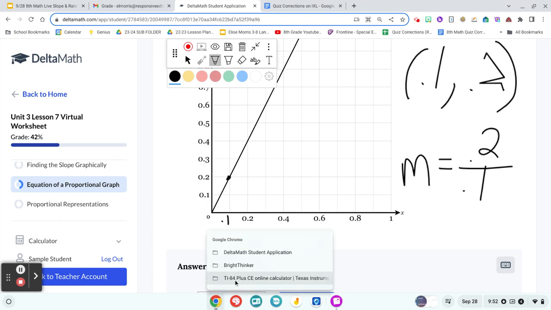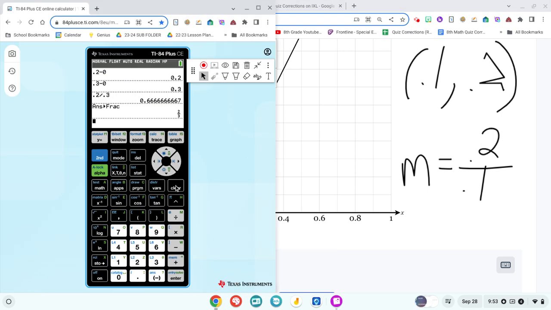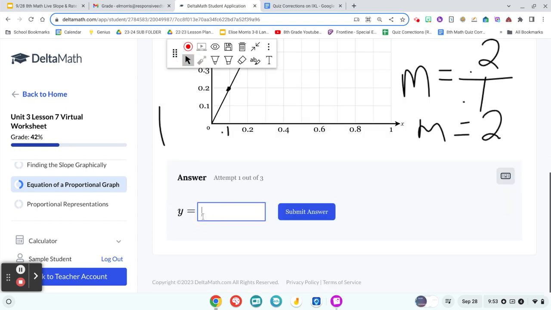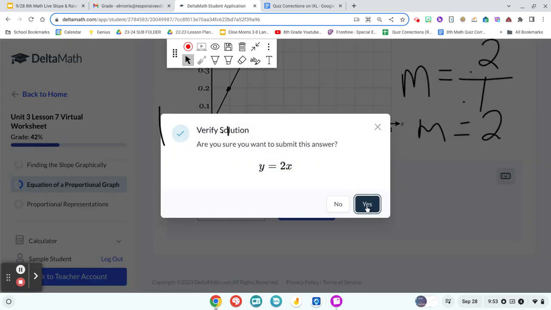So I just put the y over the x since we go through 0, 0. 0.2 divided by 0.1 is just 2, and it's a positive 2. So that means if my slope is 2, for any lines that go through 0, 0, it's y equals the slope times x. Ta-da!